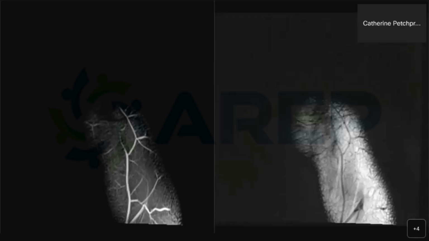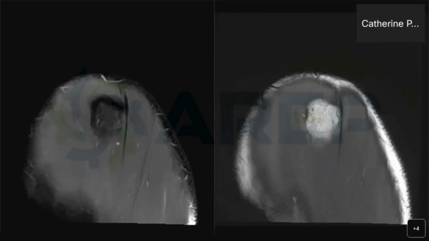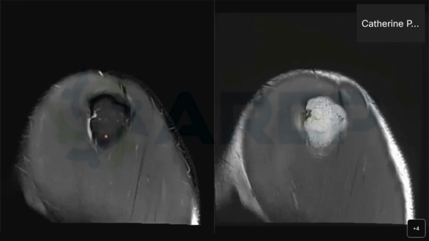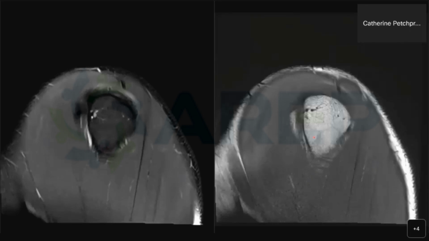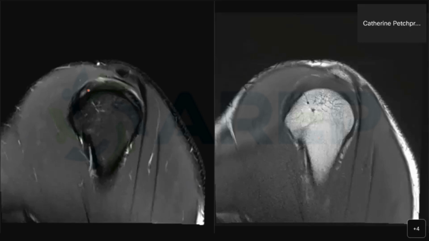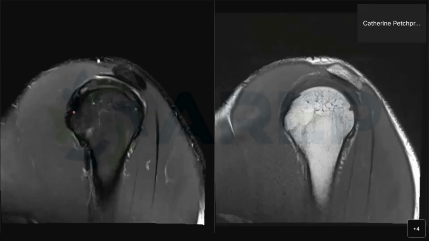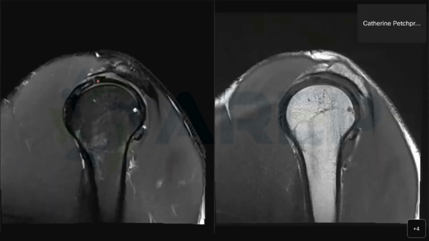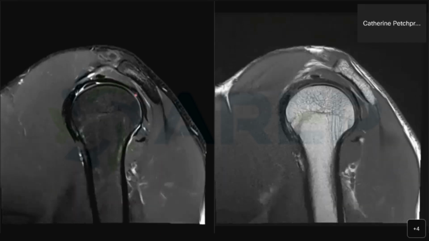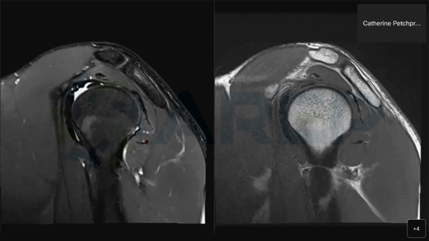Sagittal oblique plane, fat-suppressed T2 and T1. Humeral head, biceps tendon within the bicipital groove. Rotator cuff, inserting on the greater tuberosity and lesser tuberosity. Here, subscapularis tendon. Here, supraspinatus tendon, infraspinatus tendon, and teres minor tendon, all of which can be followed to the myotendinous junction.